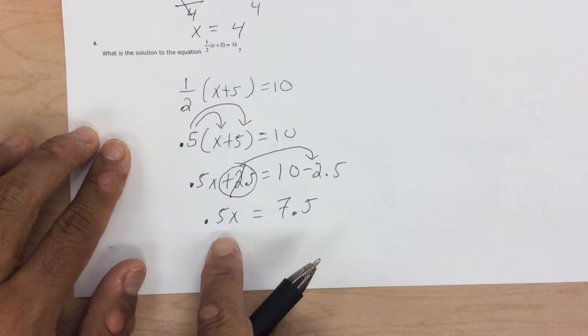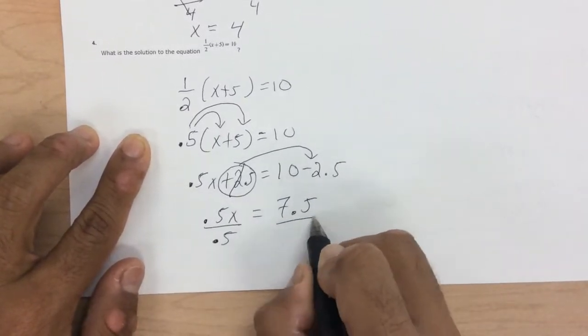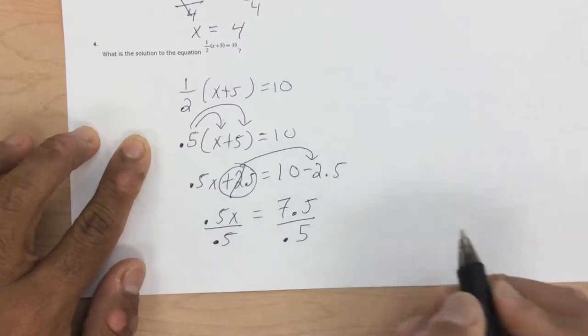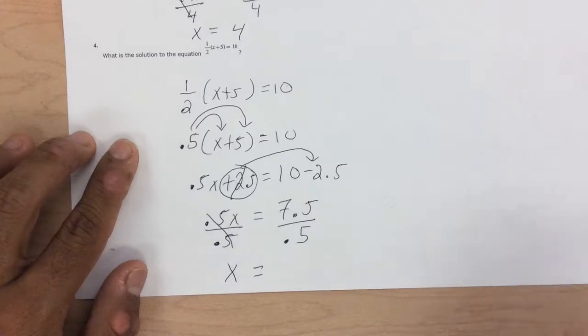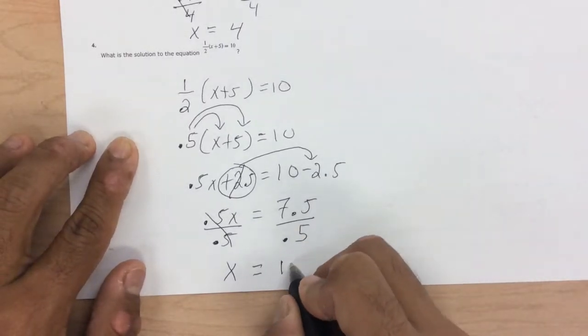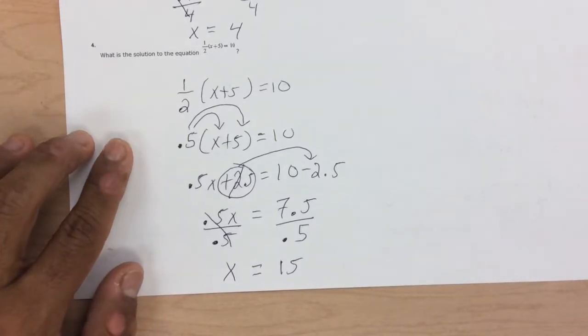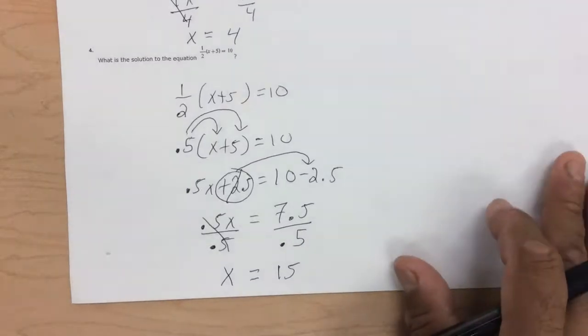Now if you notice, I'm multiplying by 0.5, so the opposite is to divide by 0.5. So I'm left with x equals 7.5 divided by 0.5 is 15. So my answer is 15 for this problem. Okay, and the last one.